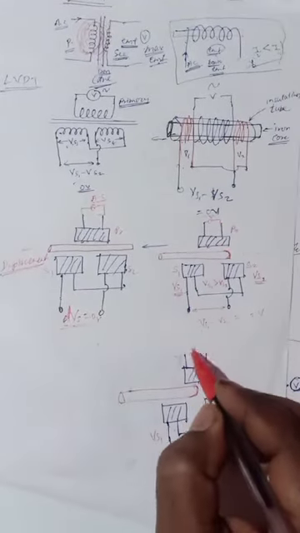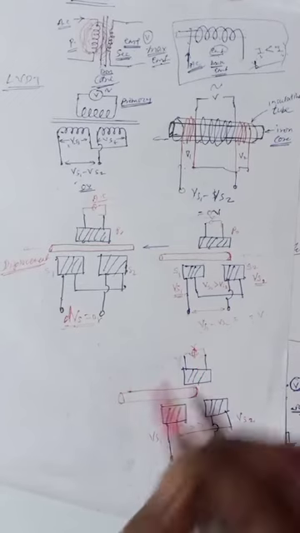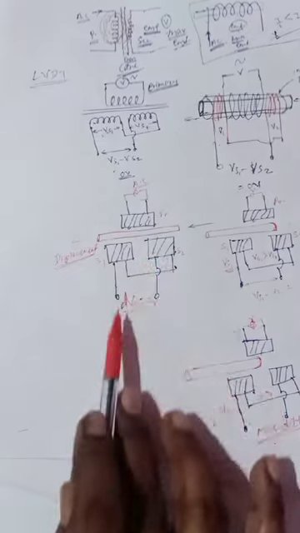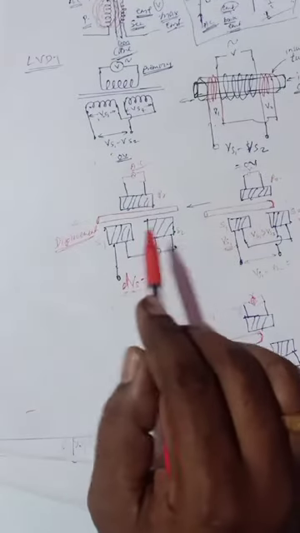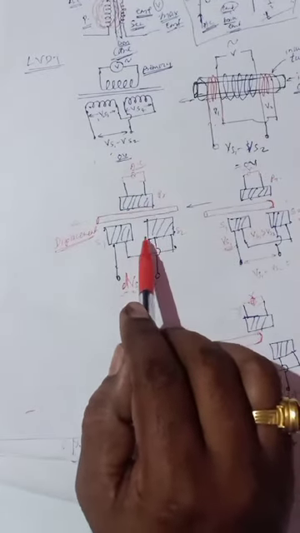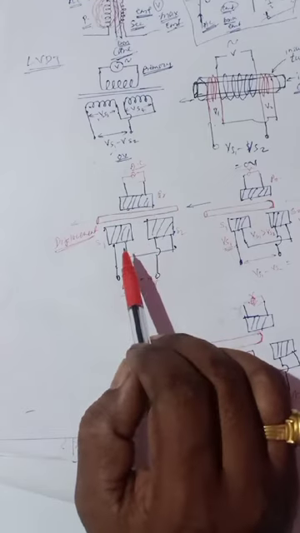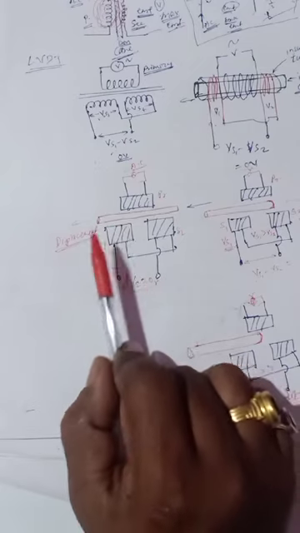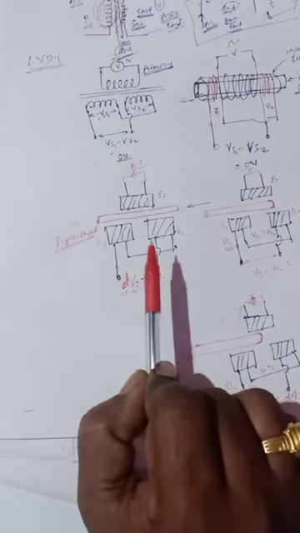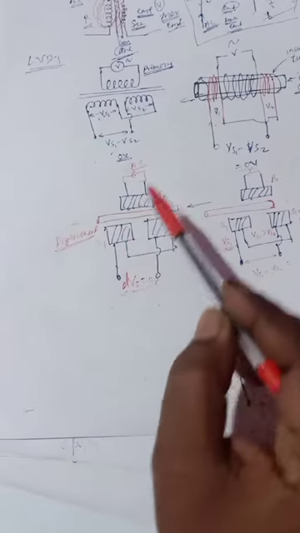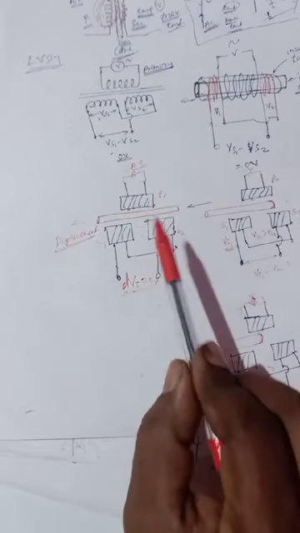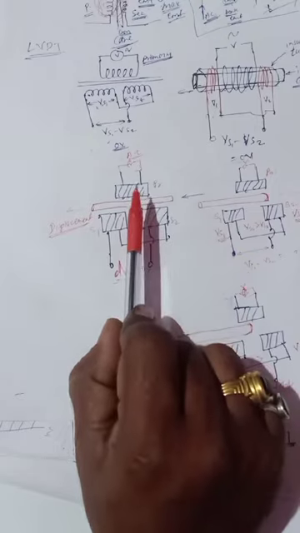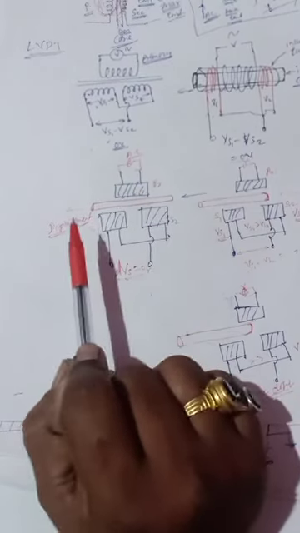You have to apply the voltage to the primary of this LVDT, and only then will you get the difference. That means this sensor is a passive transducer. There are two types of transducer, as we know: active transducer and passive transducer.